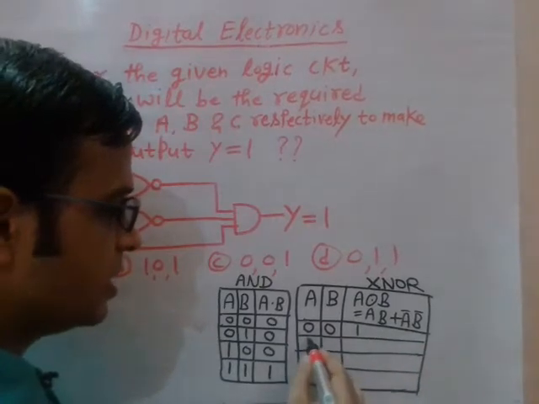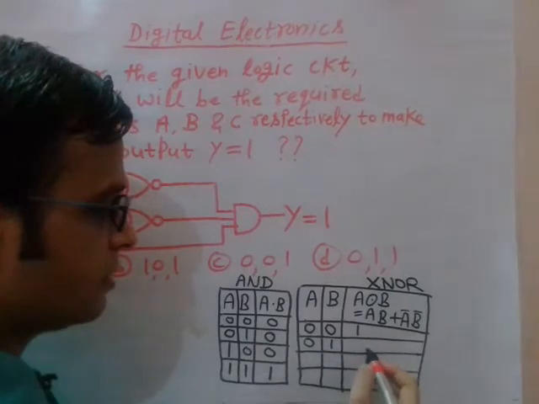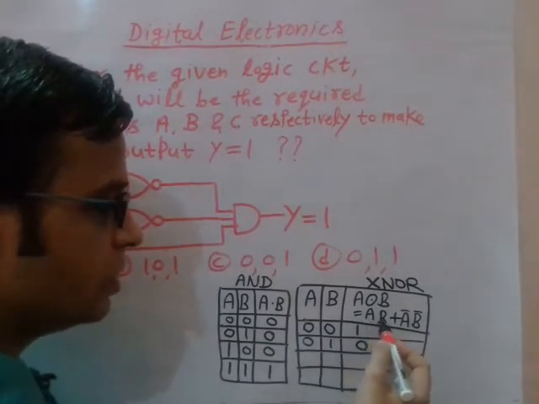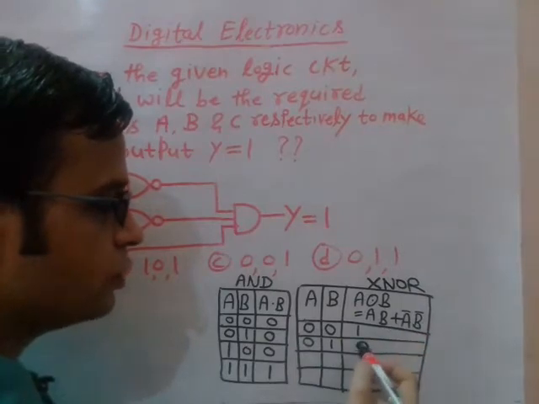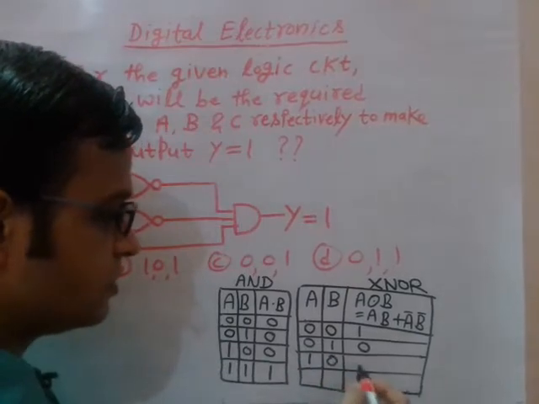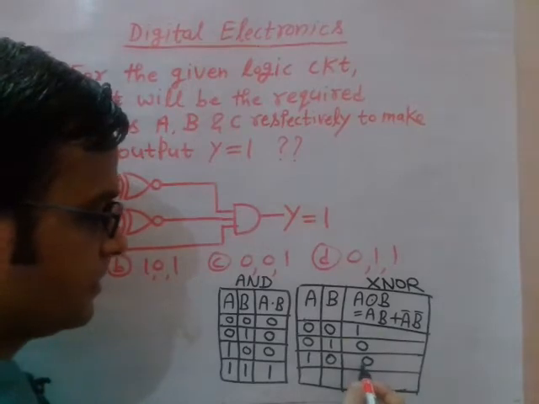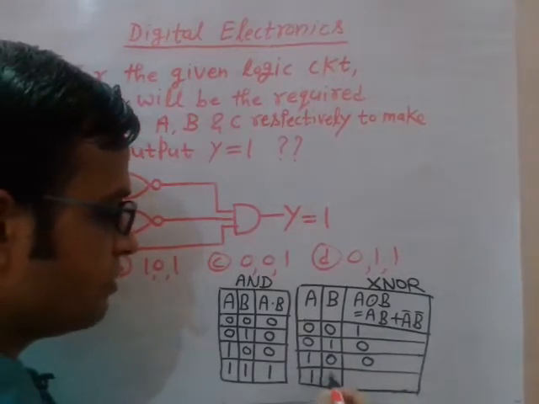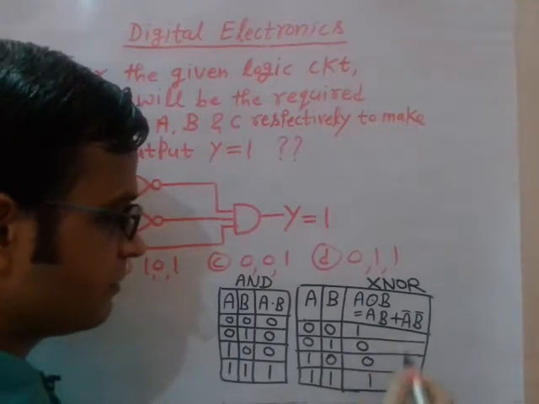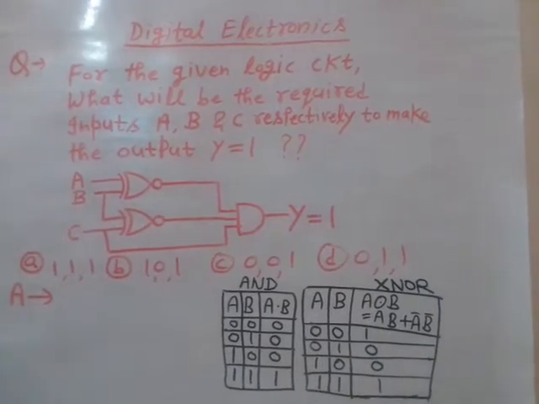Similarly, if the inputs are 0 and 1, then you will get XNOR output equal to 0. Similarly, do AB plus A bar B bar, and you will get 0. Now, if the inputs are 1 and 0, then the output of XNOR gate will be 0. Similarly, if both the inputs are 1 1 for XNOR gate, then you will get output as 1. Now, with this information, you can solve this question very easily.